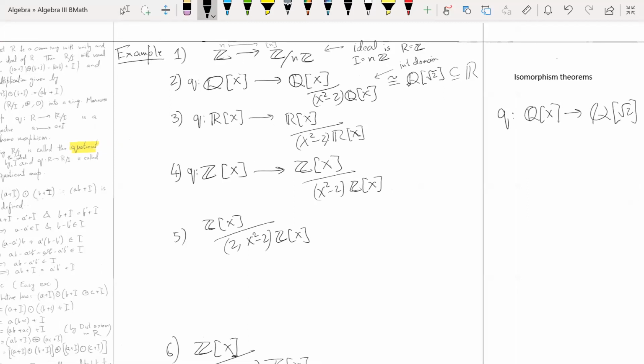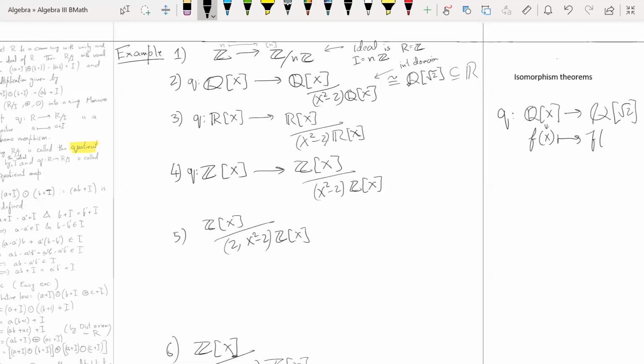To define a ring homomorphism from a polynomial ring to something is very easy. You just have to decide where x has to go, and then the rest is determined. It's like an evaluation map. So a typical polynomial f(x) will go to f of square root 2. I want to send x to square root 2.